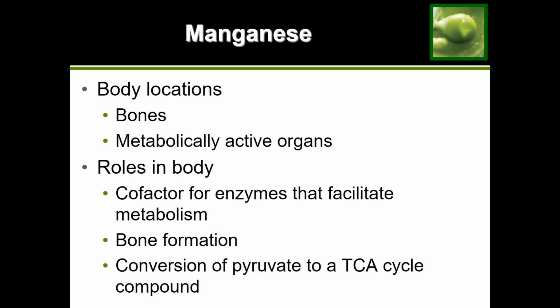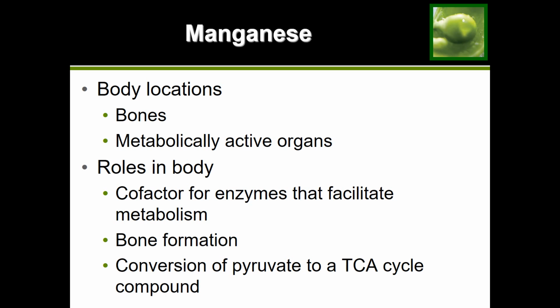One of the roles of manganese is to help with the formation of our bones, but the most important role is that it helps to convert pyruvate to oxaloacetate. You see here that it says it converts it to a TCA cycle compound. That compound is oxaloacetate, which, if you recall, is needed in order for acetyl-CoA to be able to enter the cycle.